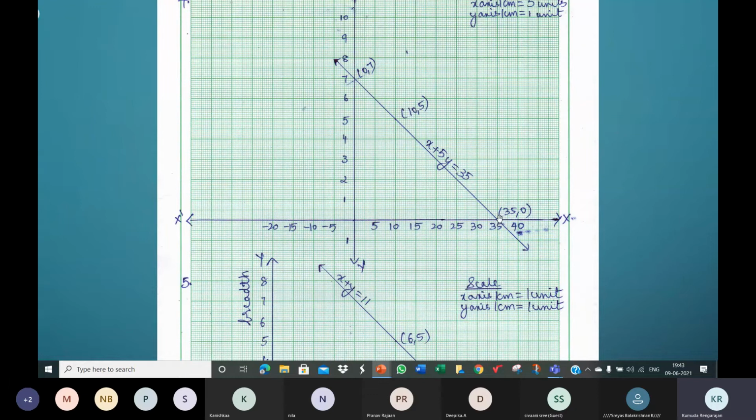X-intercept is the point where the graph line intersects or meets the x-axis. Y-intercept, not intersect, intercept. Y-intercept is the point where the graph line intersects the y-axis. So in this graph, the x-intercept is (35, 0) and the y-intercept is (0, 7).